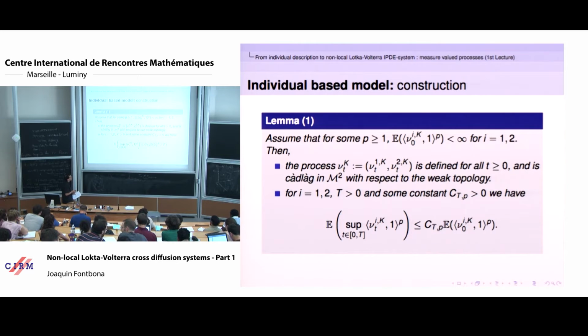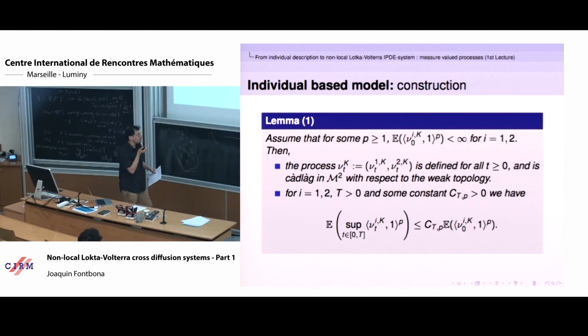Actually, what will happen is that you can compare the total mass with the mass of a population where you have no deaths. The total mass of my population has positive or negative jumps of size 1/k, and you can neglect the negative jumps, and you will have an upper bound for the population mass.